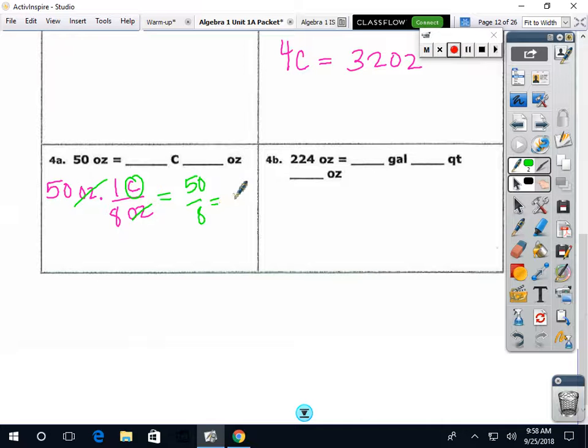And what is 50 divided by 8? 6.25. Okay, so that lets me know that that's 6 cups and then a quarter cup. So I need to convert a quarter of a cup into ounces. Okay, well 1 cup is 8 ounces, so what's a quarter of 8? 2.